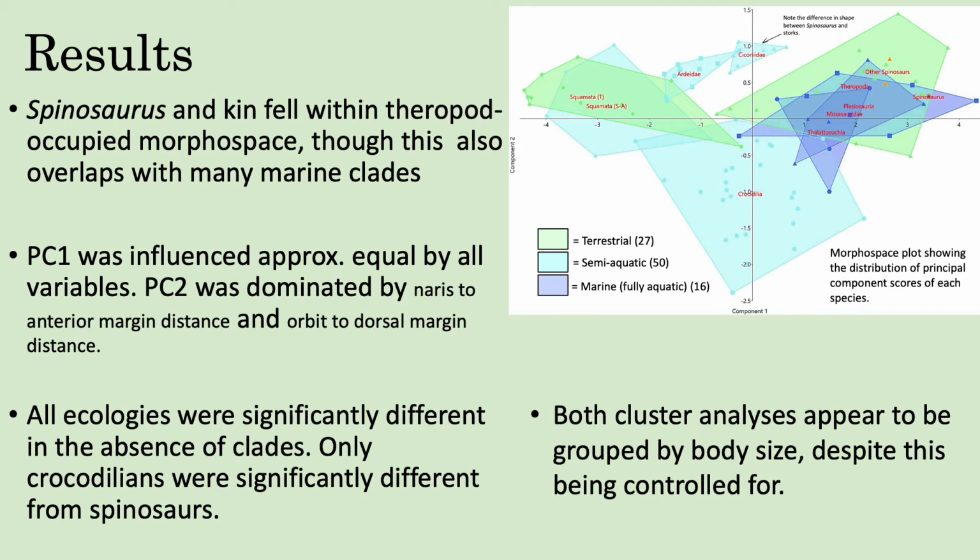All ecologies were statistically significantly different in the absence of clades, and among those groups that passed the assumptions of the MANOVA, only Crocodilians were significantly different from Spinosaurs. Both of our cluster analyses were grouped by body size, it appeared, despite this being controlled for, as mentioned earlier.